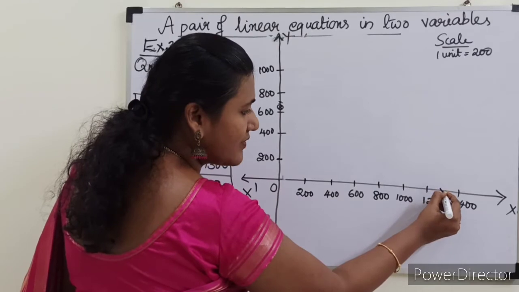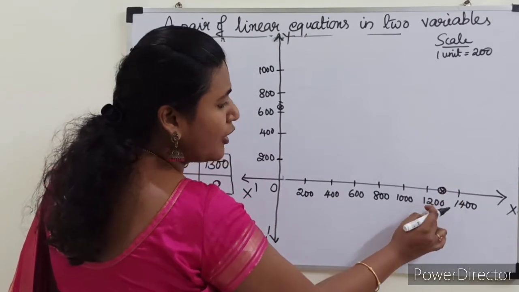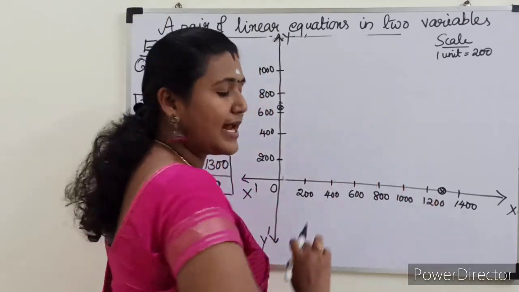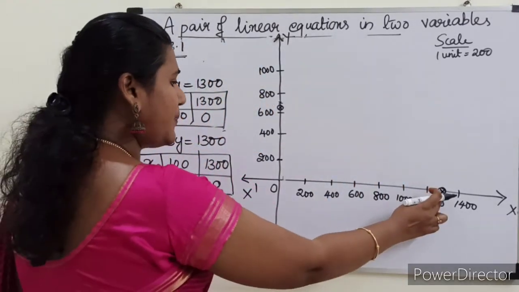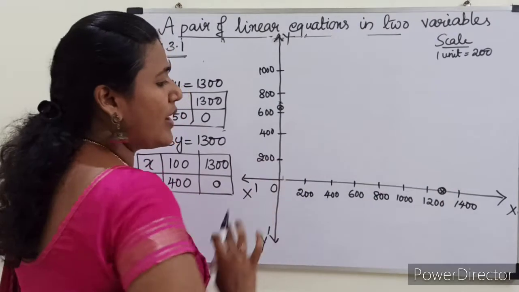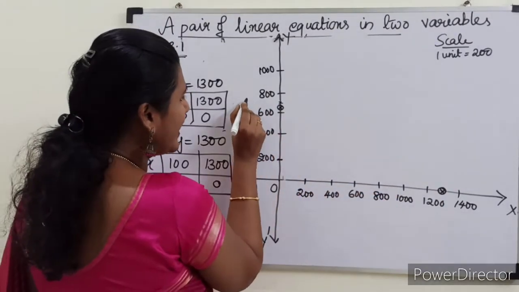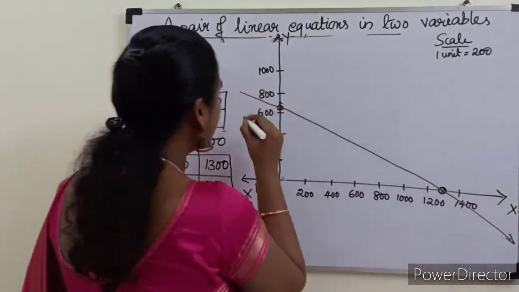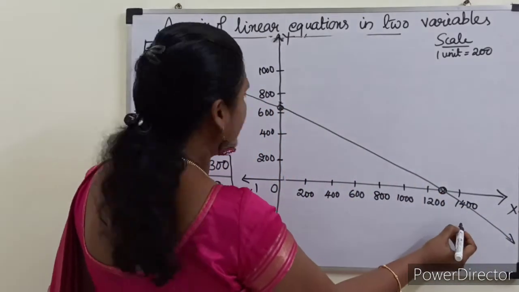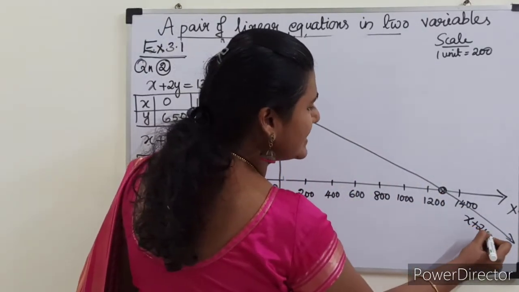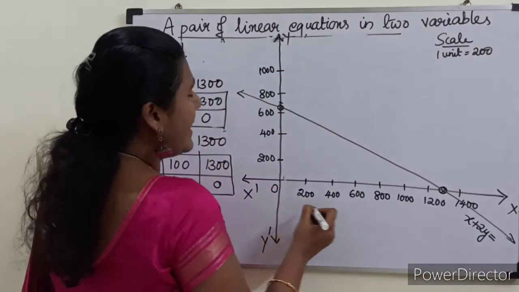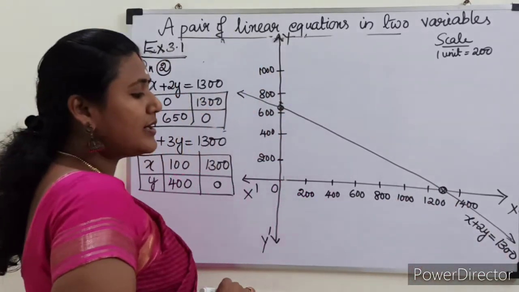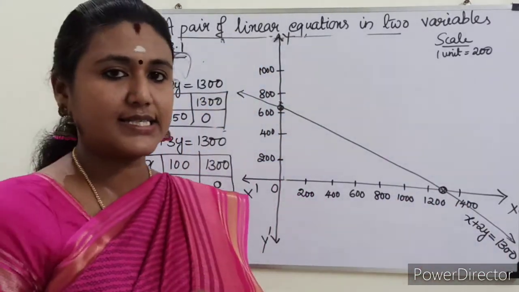Where will you have 1300? The midpoint of 1200 and 1400. So this point is 1300 and y is 0. So these are the points we have plotted. Now we will join these two points using a straight line. This represents the equation x plus 2y is equal to 1300. So we got the graph of the first equation.